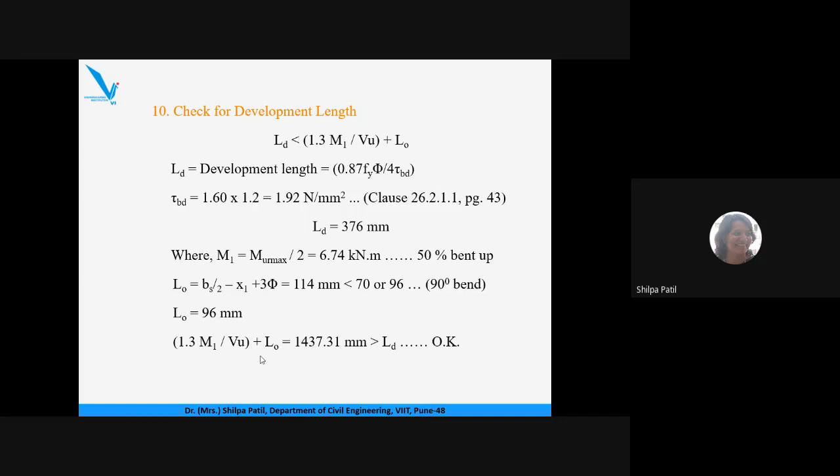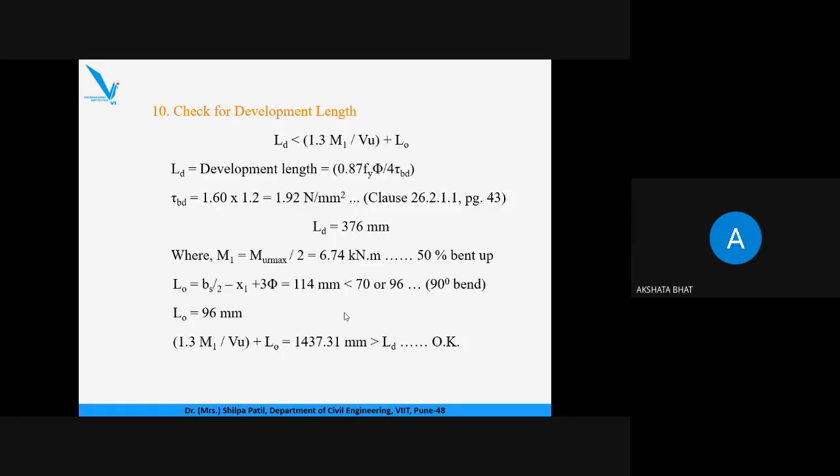Instead of that, simply provide LD equal to this value. That is the best solution. LD should be less than this, and if it is coming greater, whatever right hand side expression you are getting, provide LD equal to that much. That will be your simple solution. Okay, is it clear, guys?